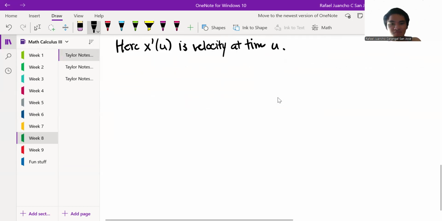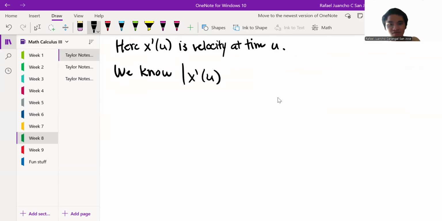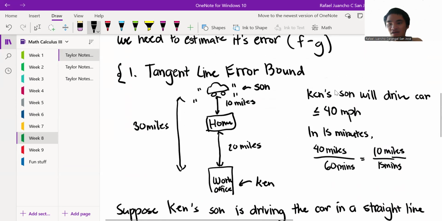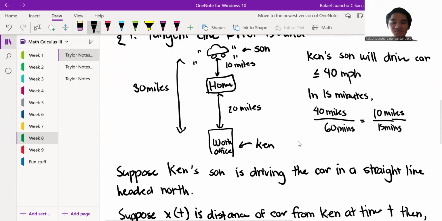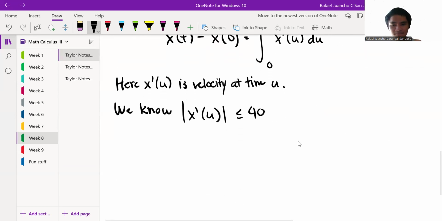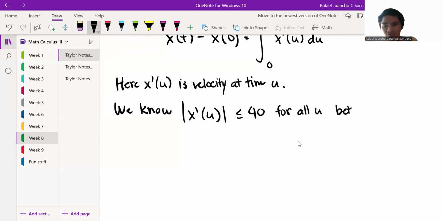And so here in this problem, we know that when we take the absolute value of this thing, its velocity should be less than or equal to 40. How do we know? We said it here. If Kenson will drive the car, it's going to be at most 40 miles per hour, for all of you between 0 and t.